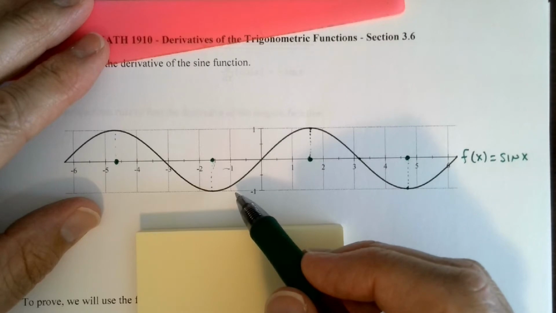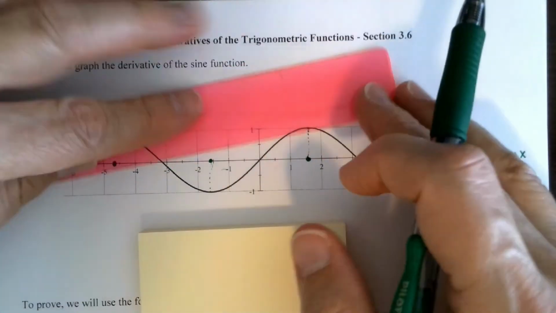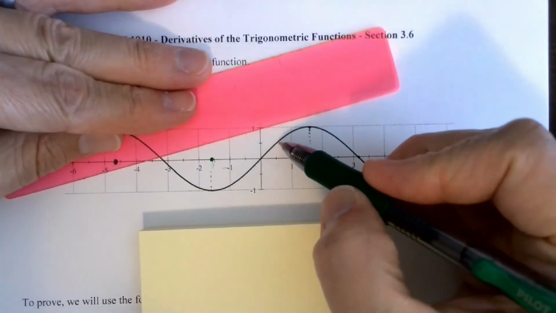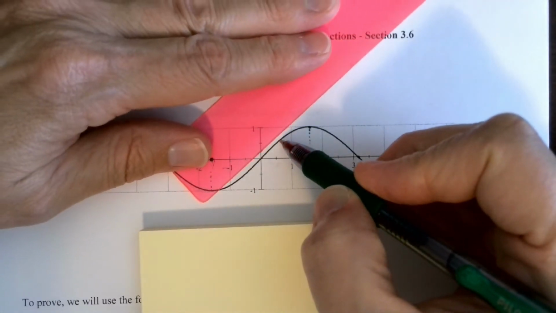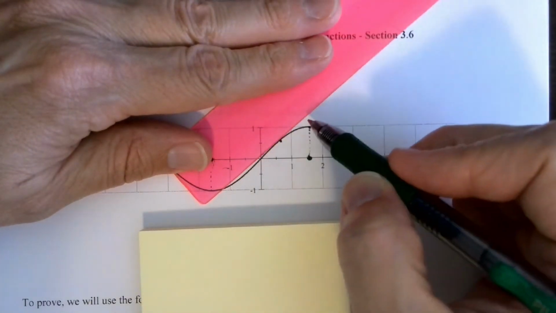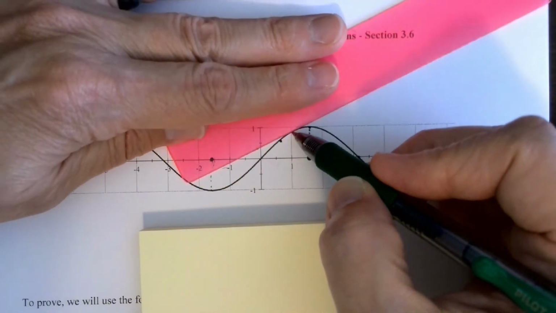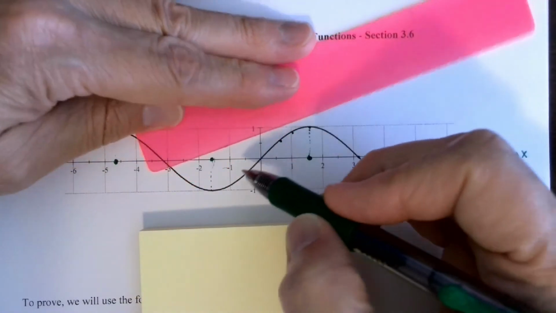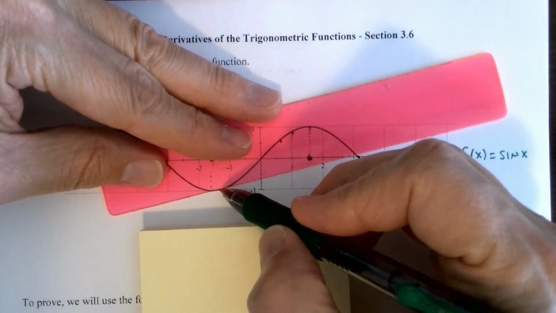Well, I hope you're saying it's positive, and that would be correct. If I take a look at any point, say right here, what's the tangent line at this point? It's going to have a slope that's positive, right? And right here at this point, again, slope that's positive. Right over here, slope that's positive still.